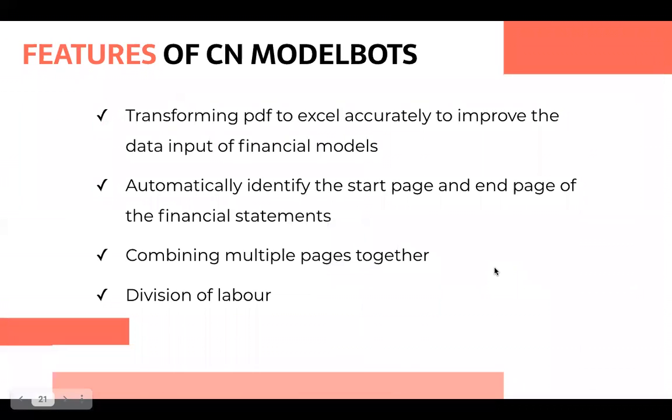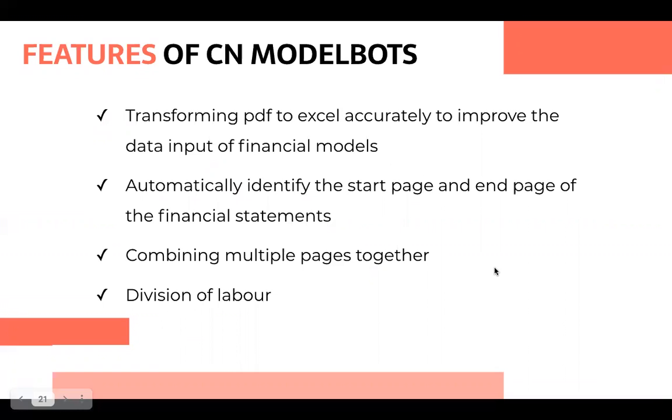The features of CA MODELBOTS are, first, to help us transform the PDF to Excel so we can edit the tables, and then it can automatically identify the start page and end page for us. So we do not need to manually input the tables by ourselves. And then it can combine multiple pages together, just like the previous examples.